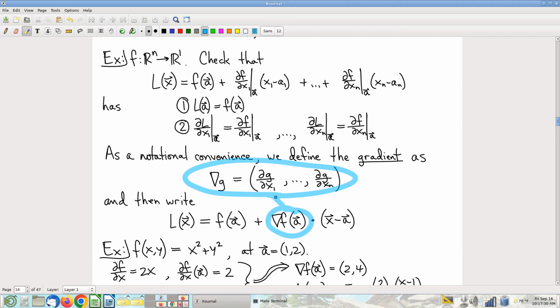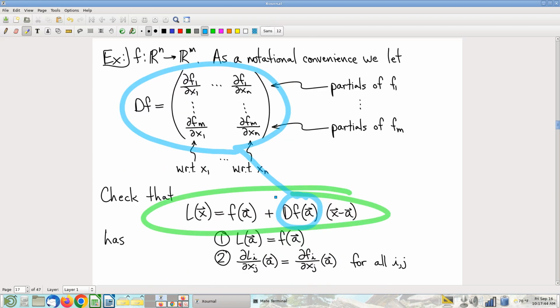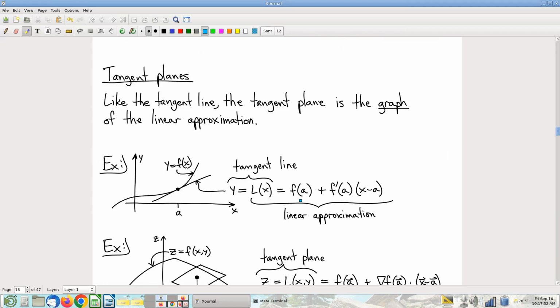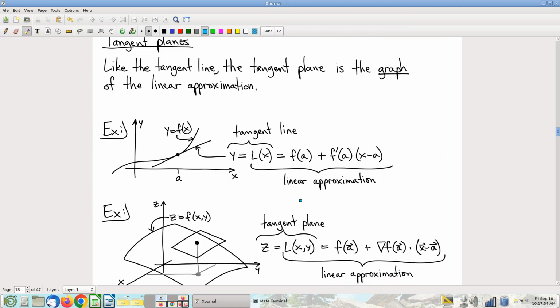Both of these, right now, are just algebraic conveniences, algebraic shorthands. As of the moment, we don't actually know geometrically how to make any sense out of this, or out of this matrix of partial derivatives.